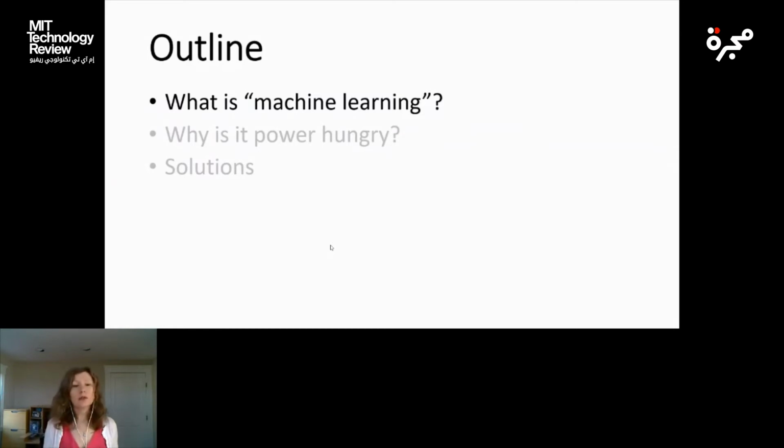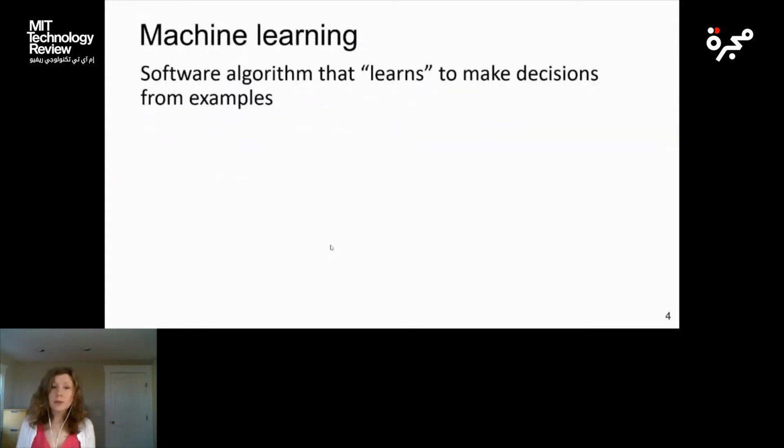Now, I'm sure most of you know already, but just to have a brief refresher, a machine learning algorithm is a software algorithm that learns how to make decisions from examples. So instead of hard coding a machine how to do something, we show it examples and it learns how to make decisions based on those examples and the decisions that humans made for them.